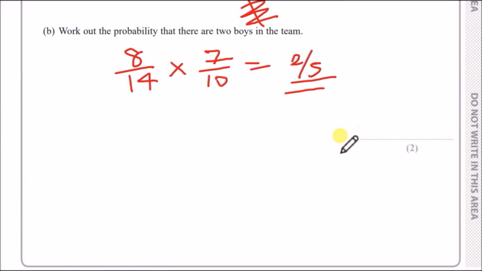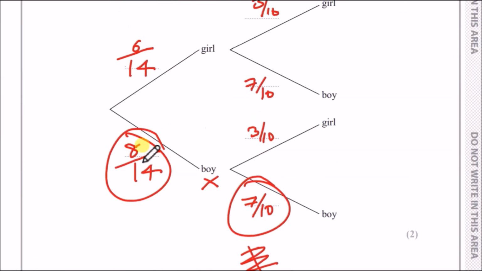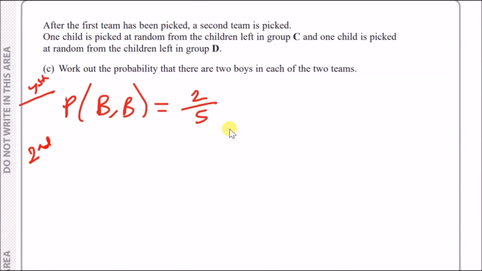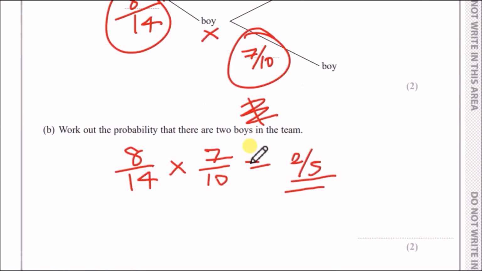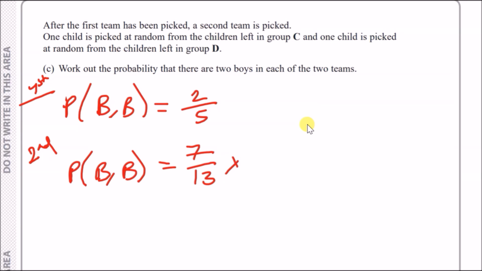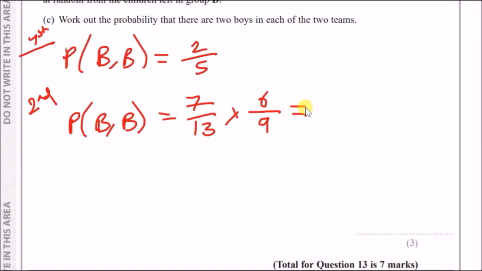Now if we think about, because you did that already, you're now down to 7 boys out of 13, so that's the second set. Probability of picking boy and boy, you're now down to 7 out of 13 for the first group, and we had 7 previously, we now got 6 out of 9 for the second group. Okay, and here if you type this in the calculator, you should get 14 out of 39.